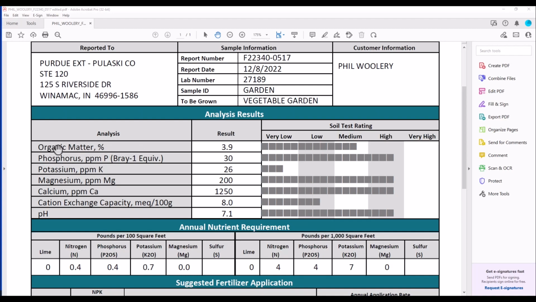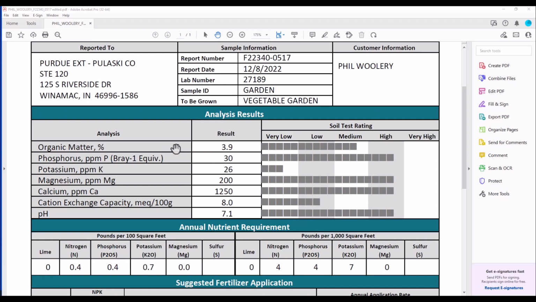So organic matter. Organic matter is basically the dead and decaying plant material in the soil, and it's very important for soils. As the material breaks down, it releases nutrients, which is important for plant growth. It also improves water holding capacity, so your soil holds more water, and improves aeration, so there's lots of pore space in there, which is very good for plant growth.